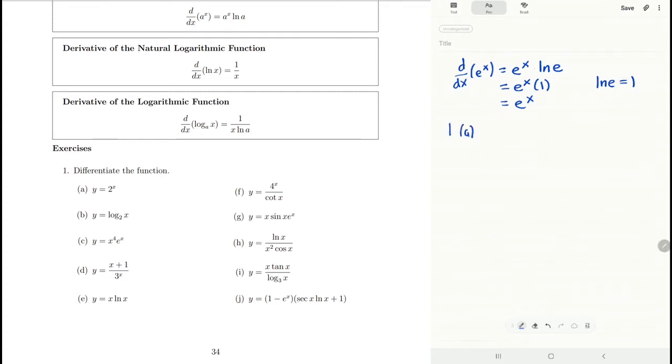So in the first example, we have y equals 2 to the power of x. So we have an exponential function where the base is 2. So if we look at applying the derivative of the exponential function, this will be equal to itself, which is 2 to the power of x, times the natural log of the base, so the natural log of 2.